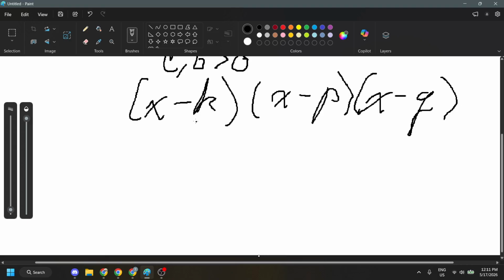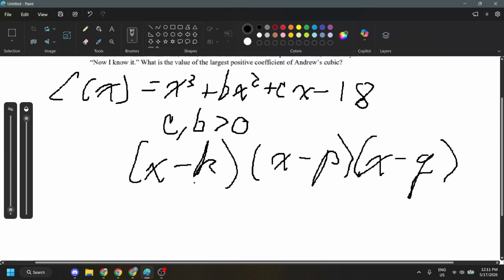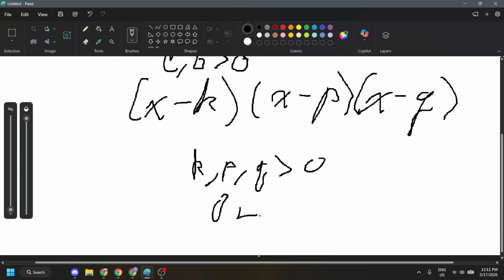If you multiply these all together, they need to give a negative final term. So they could all be positive, so k, p, q are all positive, or two of them can be negative.